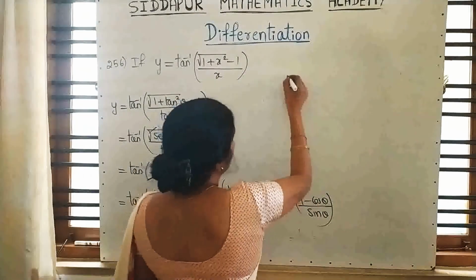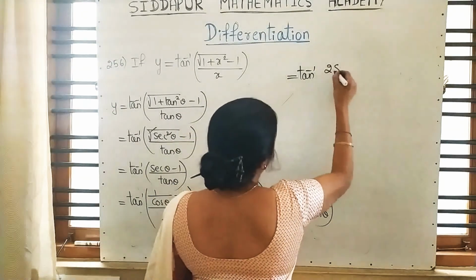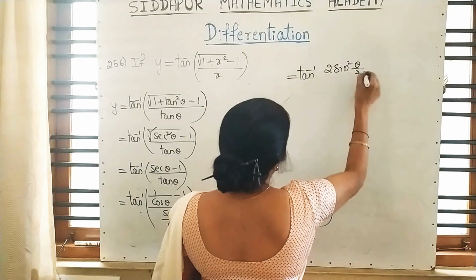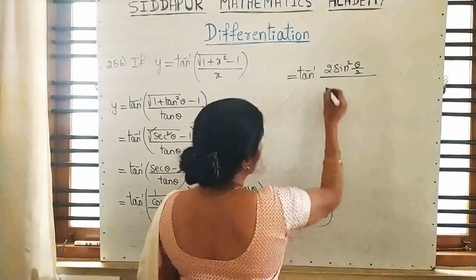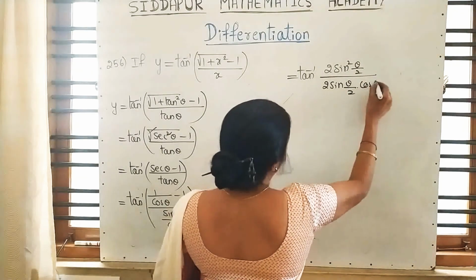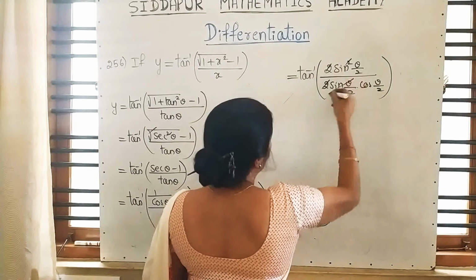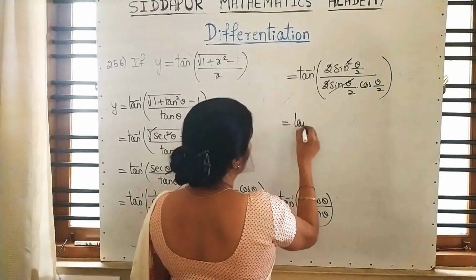Now write down in terms of multiples and submultiples. 1 minus cos theta is 2 sin square theta by 2. Sin theta will be 2 sin theta by 2 into cos theta by 2. 2 get cancelled. 1 sin is cancelled with this. What is remaining?